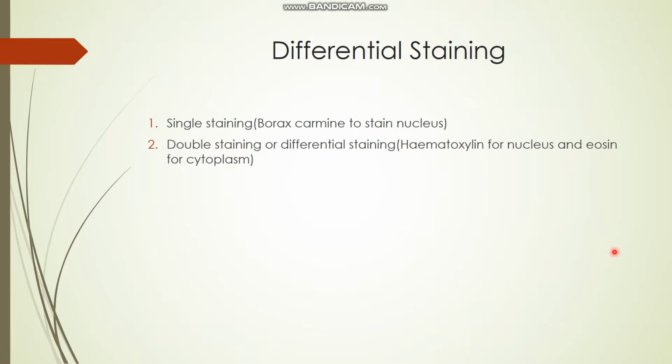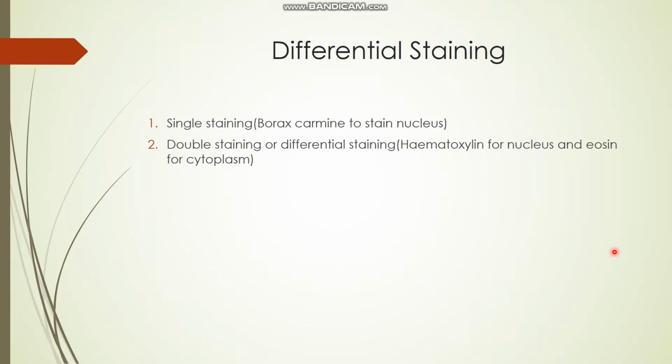Now there are two ways to do that. Number one, single staining. When we use only one stain, for example, borax carmine to stain the nucleus, it is known as single staining. The second one is double staining or differential staining. In this technique, we use two stains: one that will stain the nucleus and the other which will stain the cytoplasm.